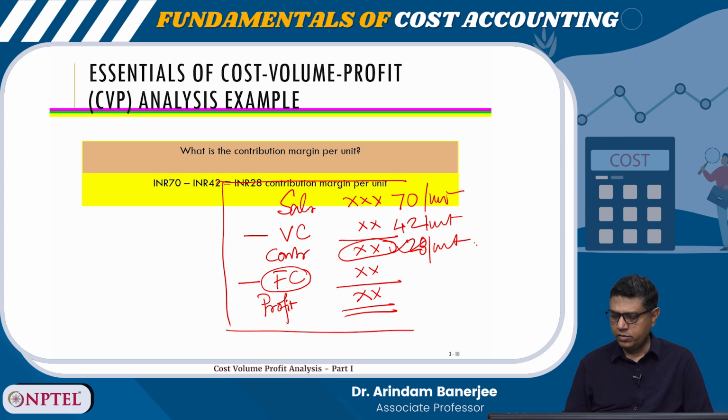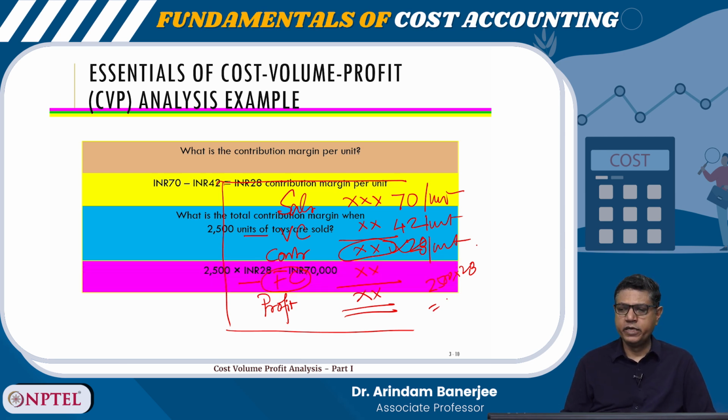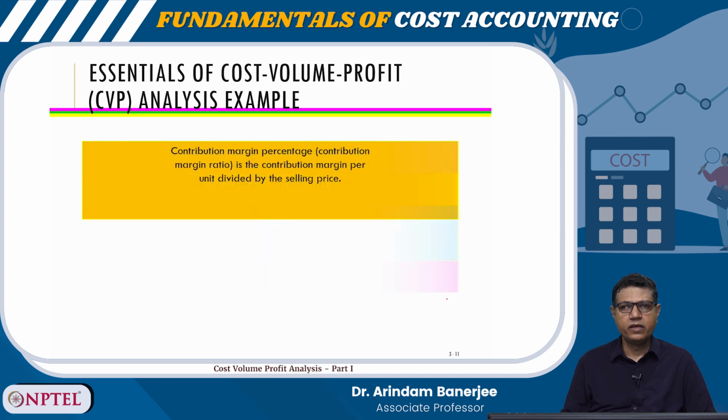So, total contribution for 2,500 units will be 2,500 into 28, fine. So, it will be rupees 70,000. So, 70,000 is my total contribution, fine.